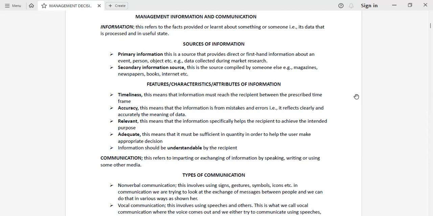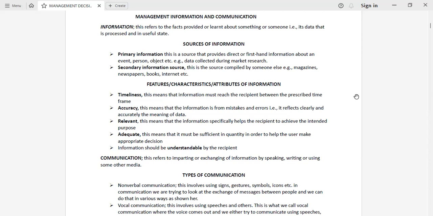So that's what we are saying: the recipient, the person who is receiving the information, should understand that information. Then the other part, we look at communication, because we said our first topic is going to be management, information, and communication. So we've seen information, but let's now look at the communication aspect.